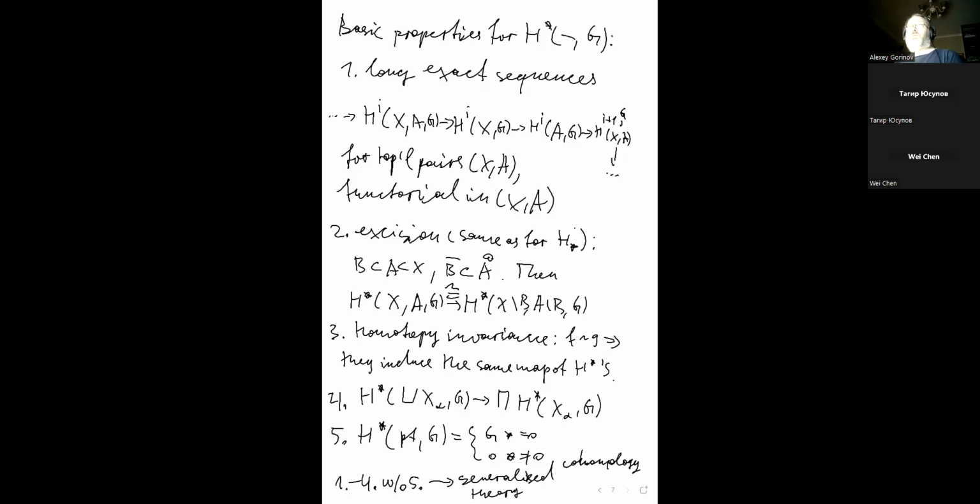And well, generalized cohomology theories are usually defined for nice spaces, meaning polyhedra or CW complexes or some other category of spaces which are sufficiently well behaved.